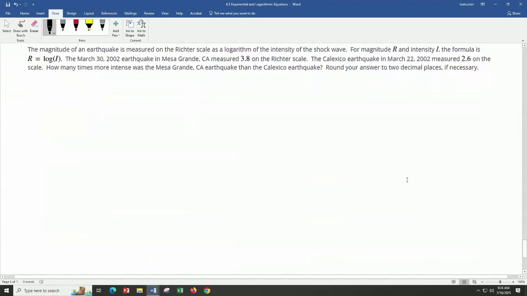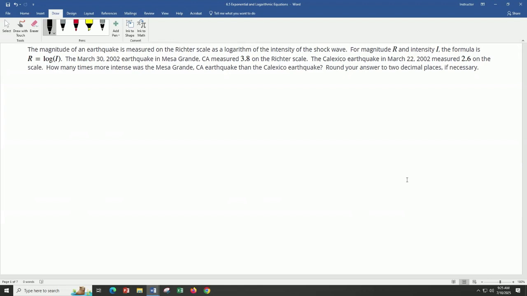More simple than it looks, believe it or not. The magnitude of an earthquake is measured on the Richter scale as a logarithm of the intensity of the shock wave. For a magnitude R and intensity I, the formula is R is equal to log I. The March 30th, 2002 earthquake in Mesa Grande, California measured 3.8 on the Richter scale.